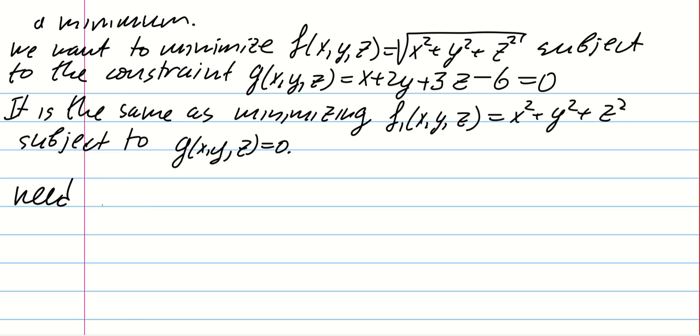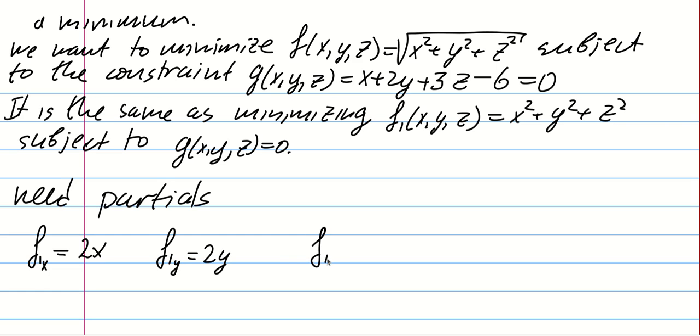So we need partials, right? What are our partial derivatives? f1 sub x is equal to 2x, f1 sub y is equal to 2y, and f1 sub z is equal to 2z. Then g sub x, the derivative with respect to x, is 1, g sub y is 2, and g sub z is 3.